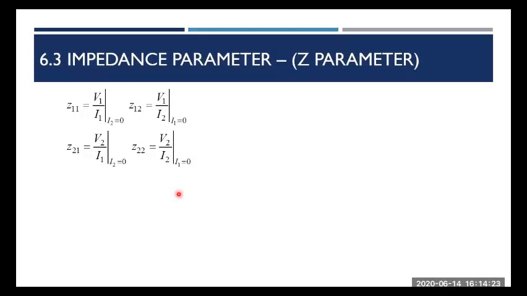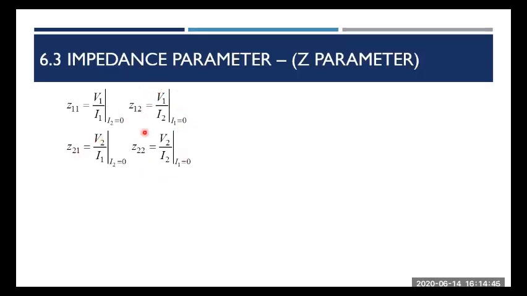Okay, this is the equation just now where you set your I2 or I1 equals to 0. Setting I2 equals to 0, you find Z11 and Z21. By setting I1 equals to 0, you are finding Z12 and Z22.